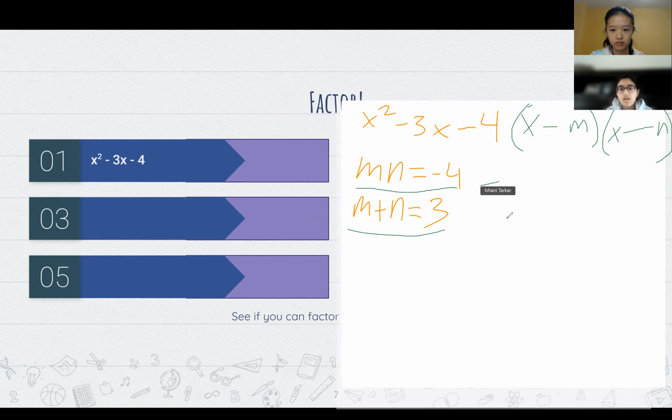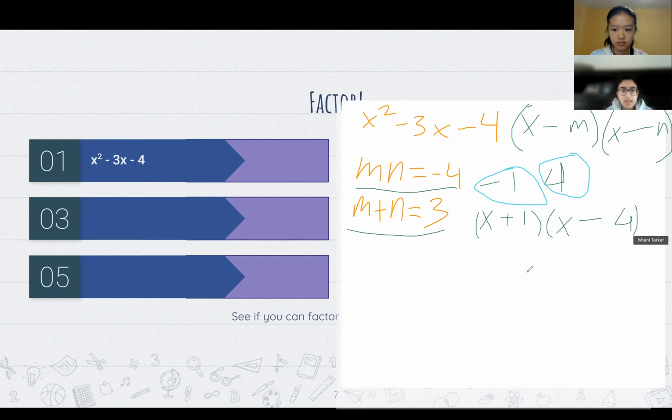Well, negative 1 and 4 multiply to get negative 4, and they add up to 3. So that means we do x minus negative 1, so x plus 1, multiplied by x minus 4. So we get x plus 1 times x minus 4 as our answer. And that is what the factored value is.